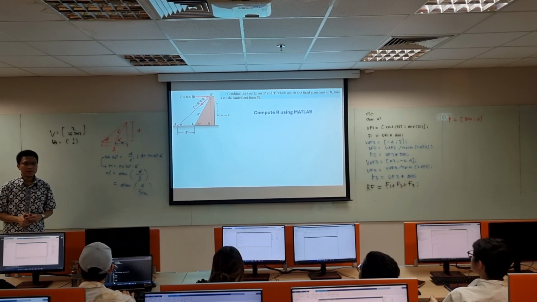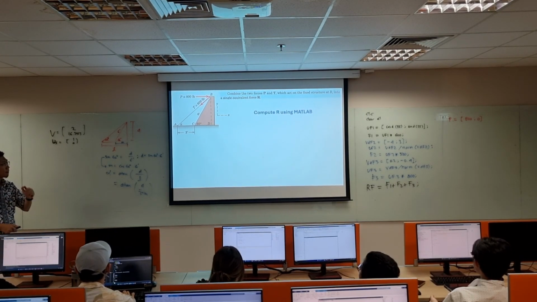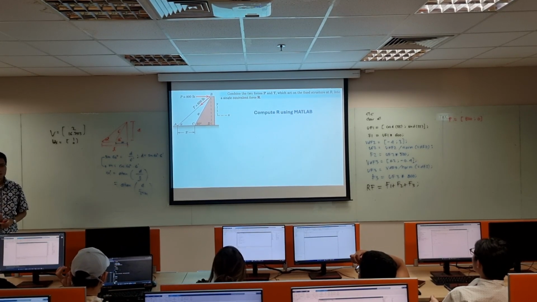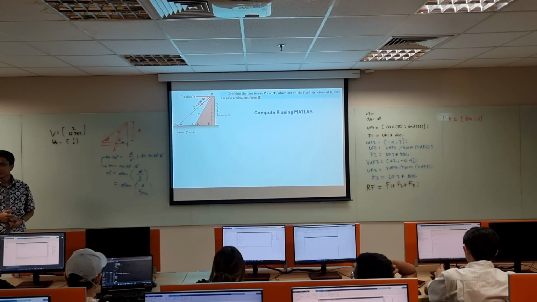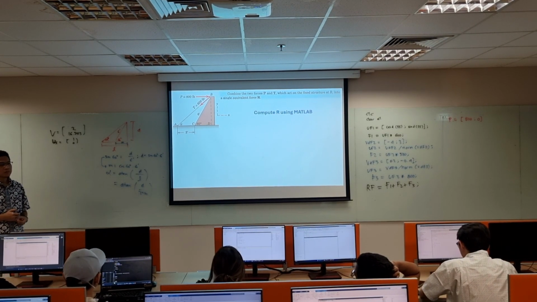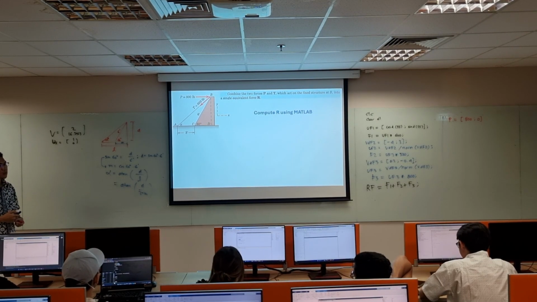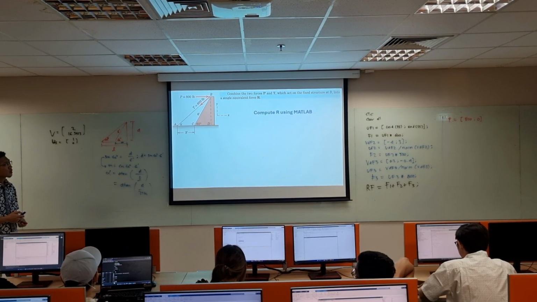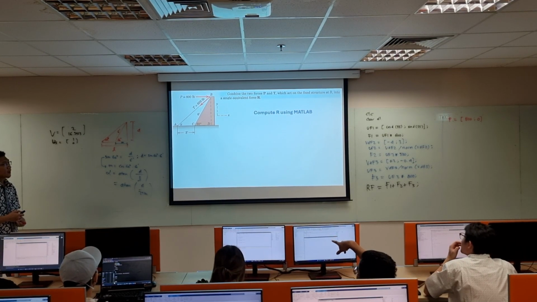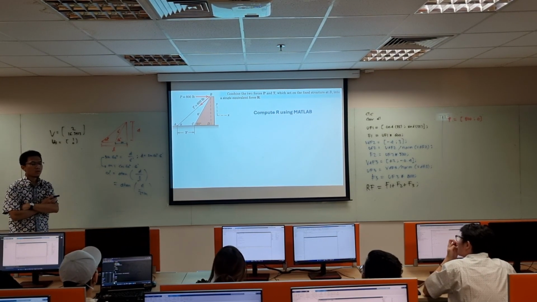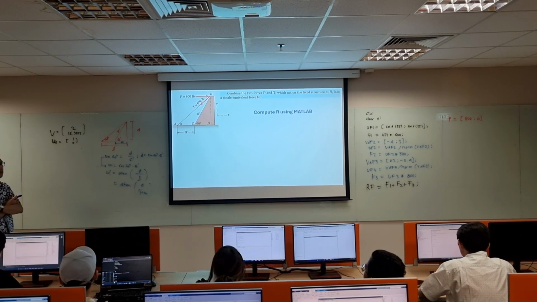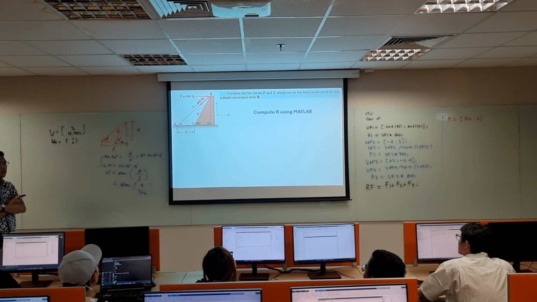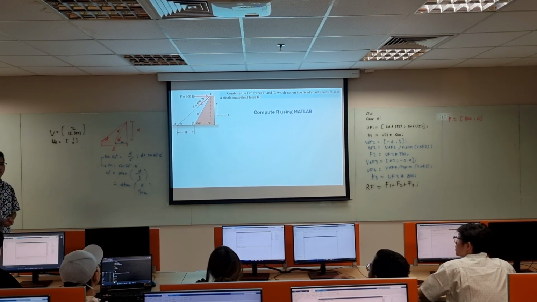Once you get the alpha, how to get the unit vector then for the T? 180 minus. Why 120 come out?